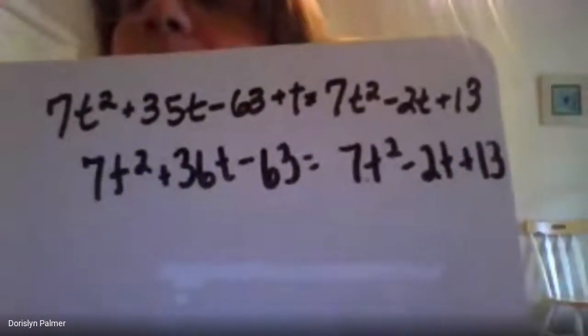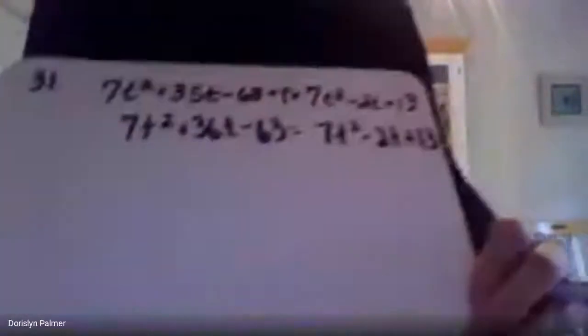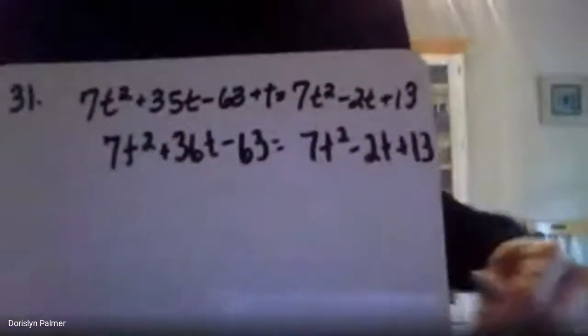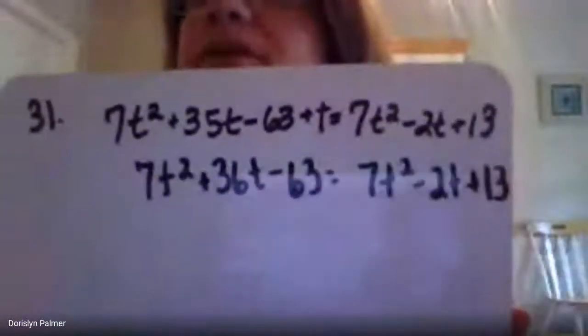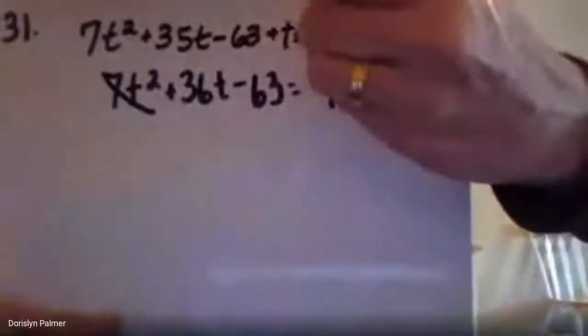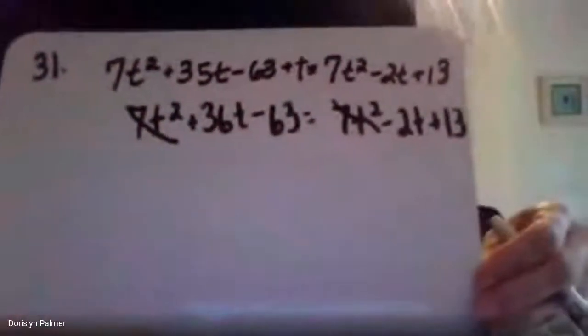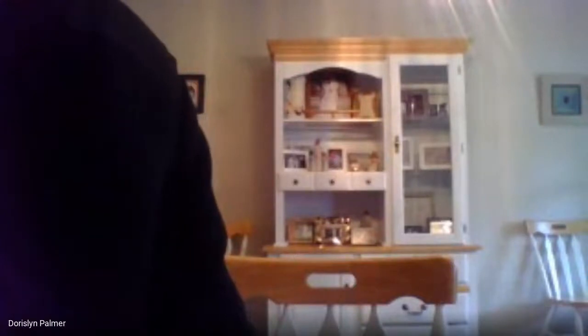Okay. We have 7t squared on both sides. One of the things we can start recognizing from here is if you have the same thing on both sides, you can just cross them off. So I'm going to get rid of the 7t squares. So that means we have 36t minus 63 equals negative 2t plus 13.